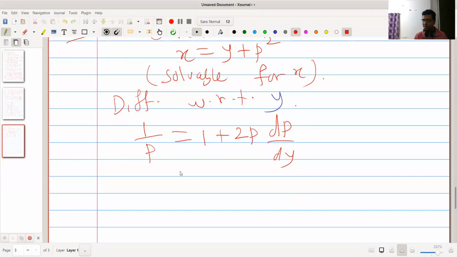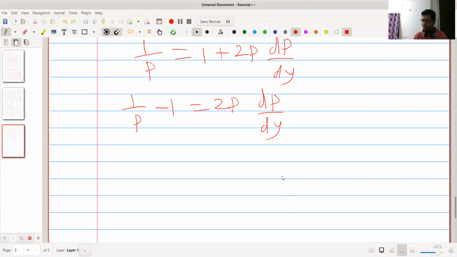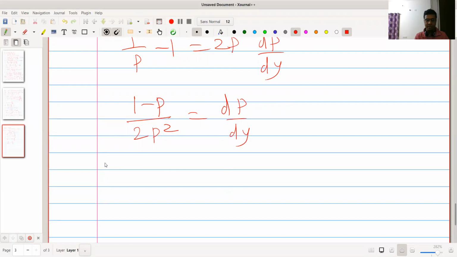So the differential equation is 1 upon p minus 1 equal to 2p dp by dy, which is in variable separable form as (1 minus p) upon 2p square equal to dp by dy, or 2p square upon (1 minus p) dp equal to dy.